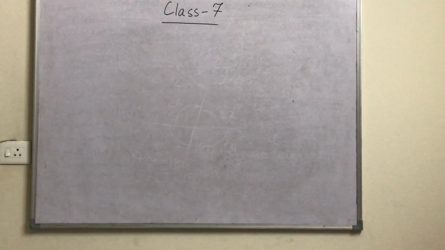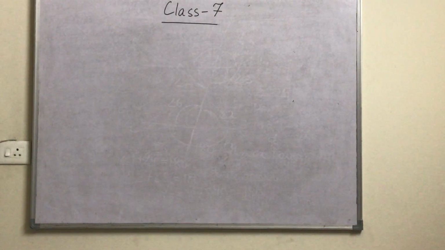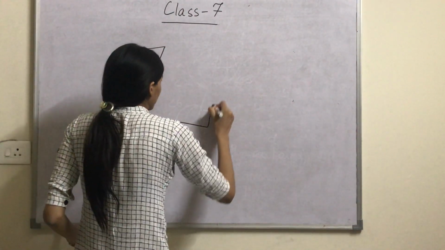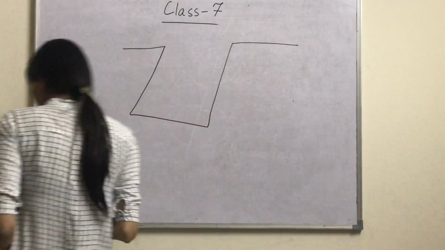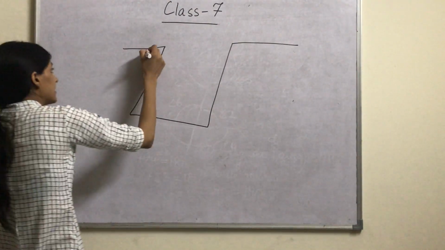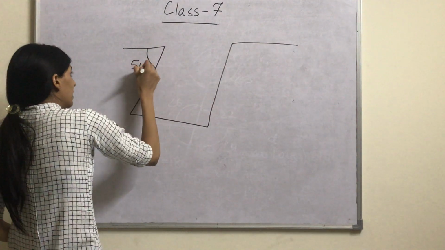Let me make you understand with the help of a single question. Suppose a question is given to you. This angle is given 50 degree.